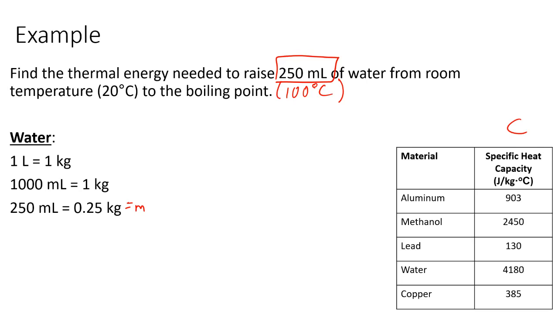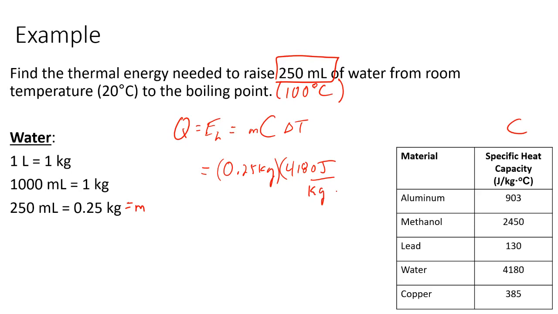Okay, so just applying our Q, or heat energy, is equal to mcΔT. We're looking for the thermal energy. So our mass of water is 0.25 kilograms. It takes 4,180 joules of energy to heat 1 kilogram of water by 1 degree Celsius.